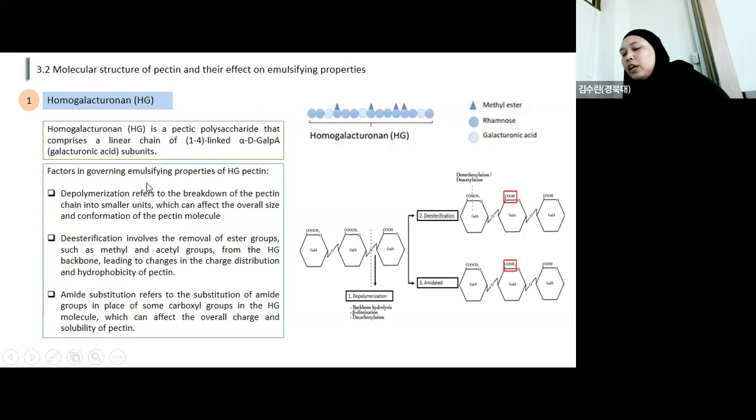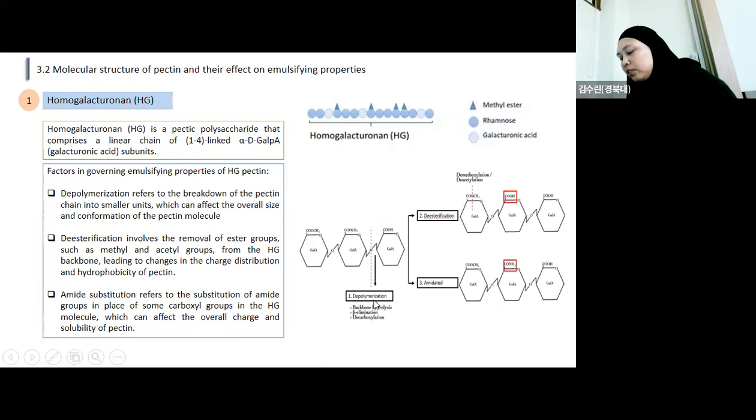So in here, there are three factors governing the emulsifying properties. The first one is depolymerization, the second is deesterification, and the third is amide substitution. So what is depolymerization? As we can see from the picture here, depolymerization is where we cut the pectin molecule into small molecular units.